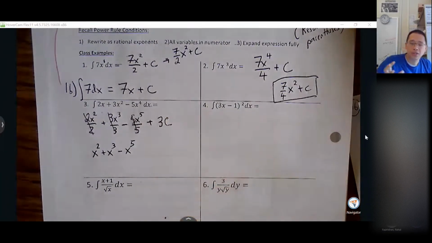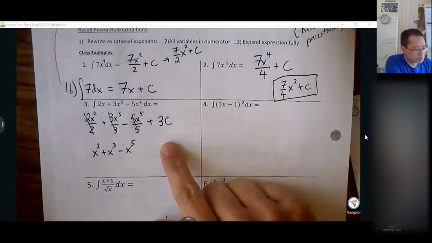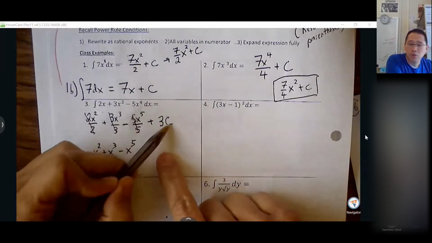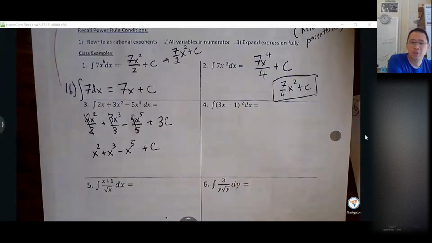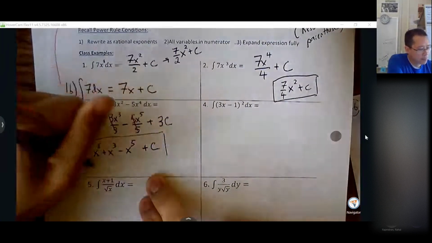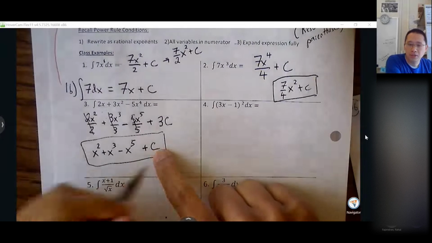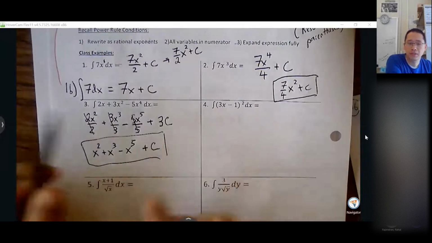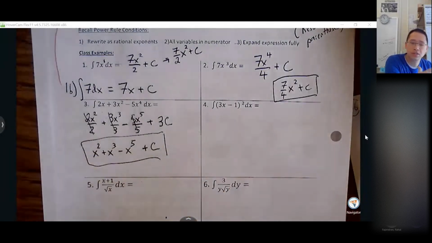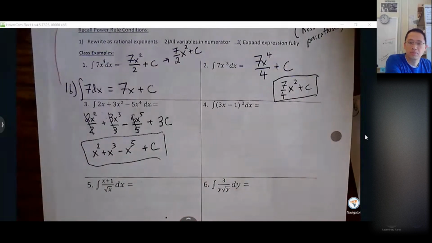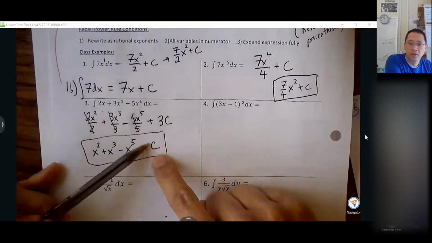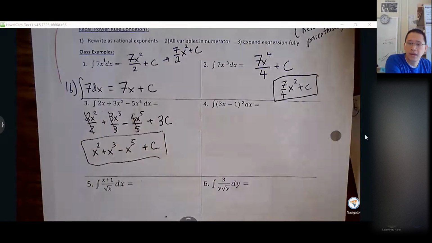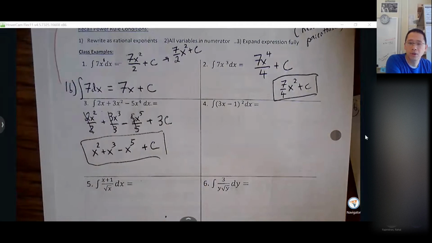So we can let all of the constants get merged together. We can let that 3 get absorbed into the c, and we don't have to keep track of the number of c's. We just say plus c. It's not wrong if you wanted to include a plus 3c, but there's no need to. We'll just let that plus c handle all the constants put together.